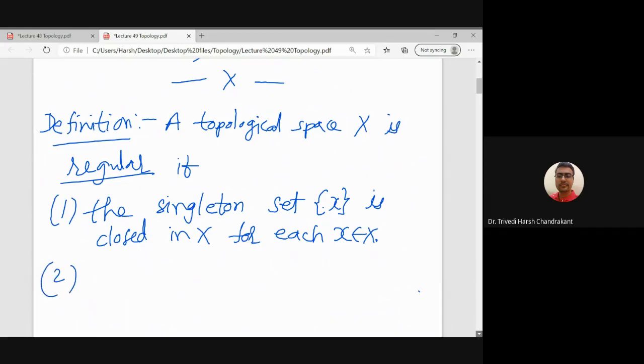And the second property is that instead of separating two distinct points, now we have two different objects.